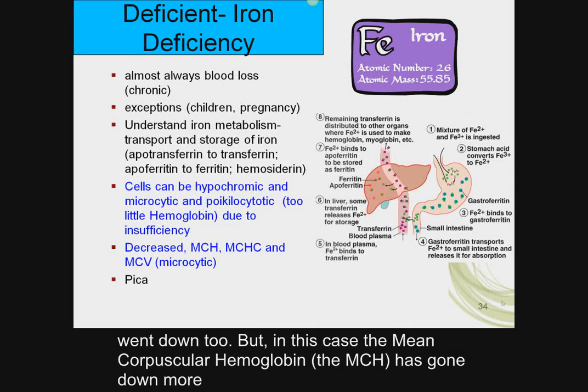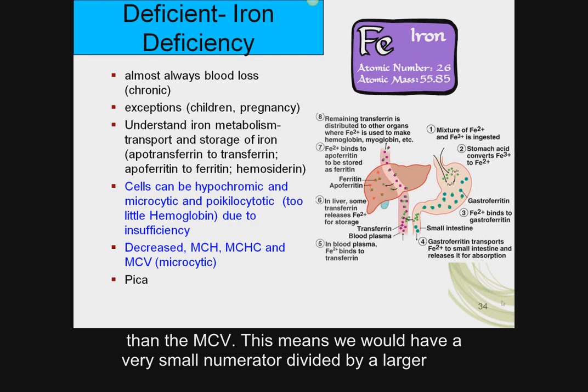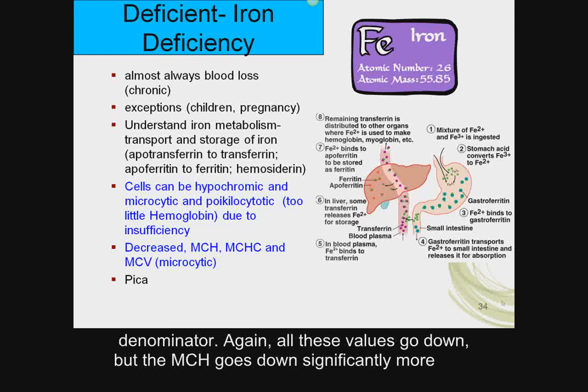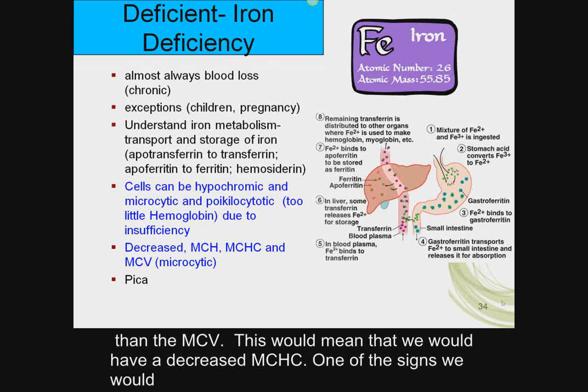But in this case, the mean corpuscular hemoglobin has decreased far more than MCV. This means we have a very small numerator divided by a bigger number in the denominator. Again, all these values go down, but the MCH goes down significantly more than the MCV. This would mean that we would have a decreased MCHC.